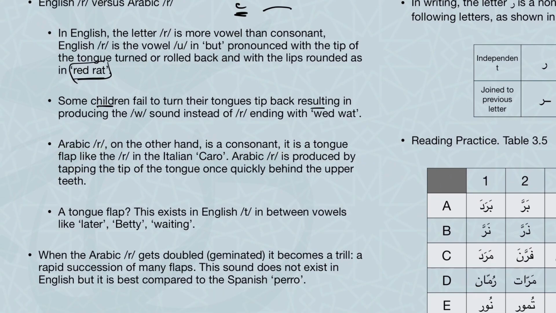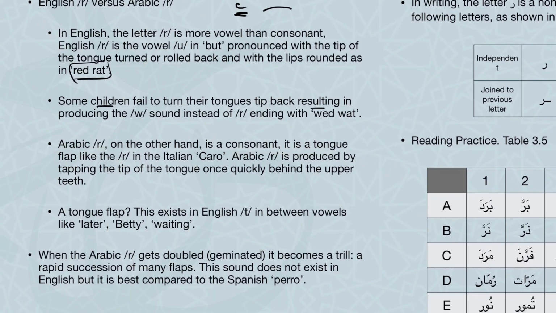That's what we mean by flap, or caro in Italian. There's a quick flap, but the tongue does not turn, does not fold on its back. Your tongue goes to your front teeth and just flaps. So it's r, r, r, r.